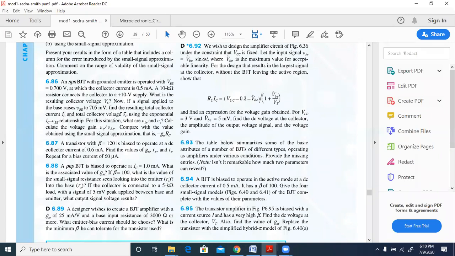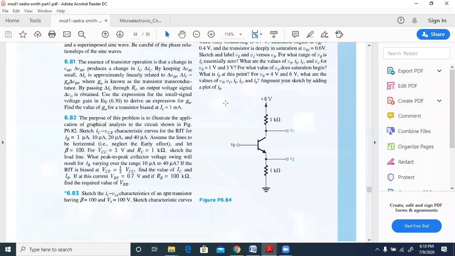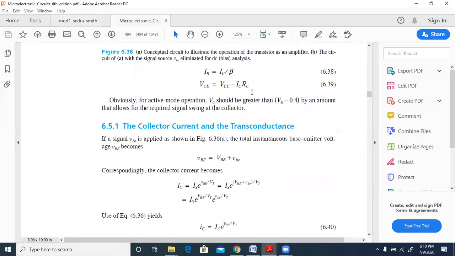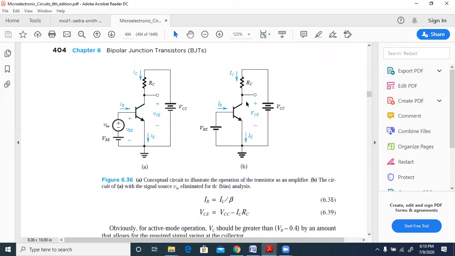Because this is total voltage, we should use the total current for that. I think we can go back to that figure, right? This is the total voltage here, VCE is equal to VCC minus this IC into RC. VCE or V with a capital C, both are same.